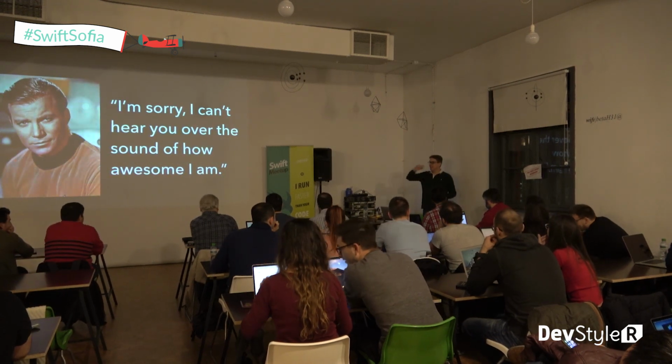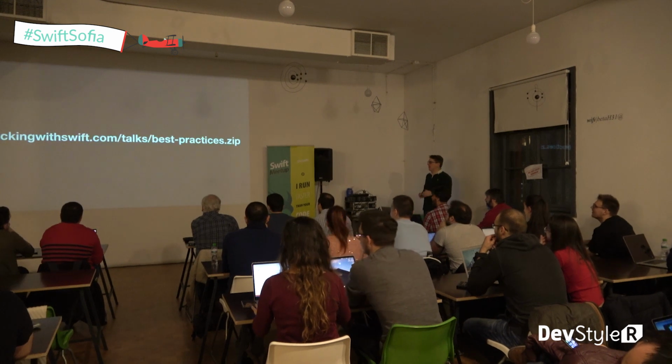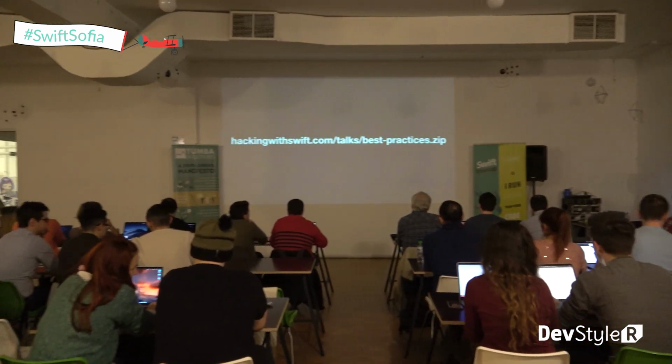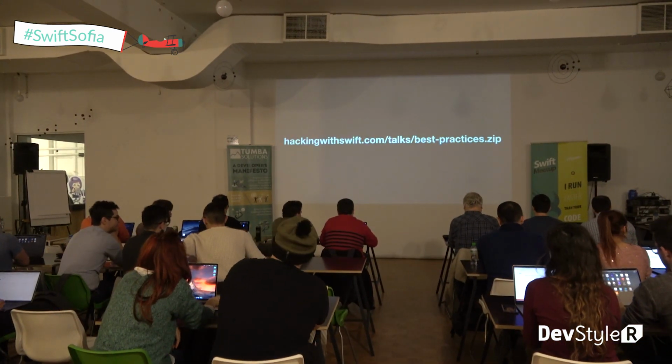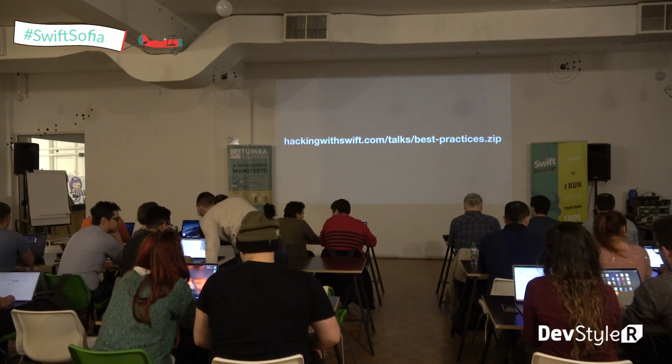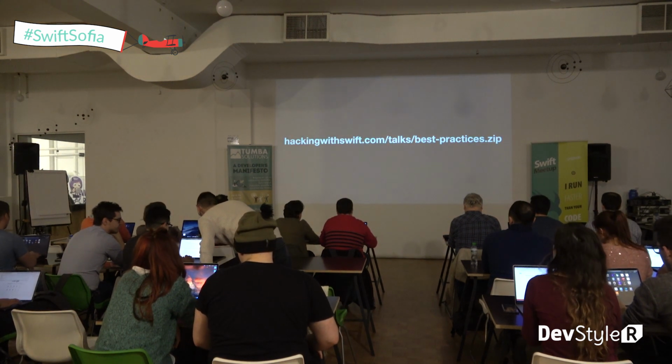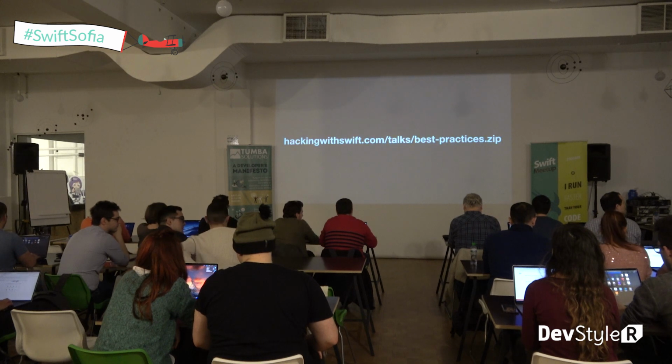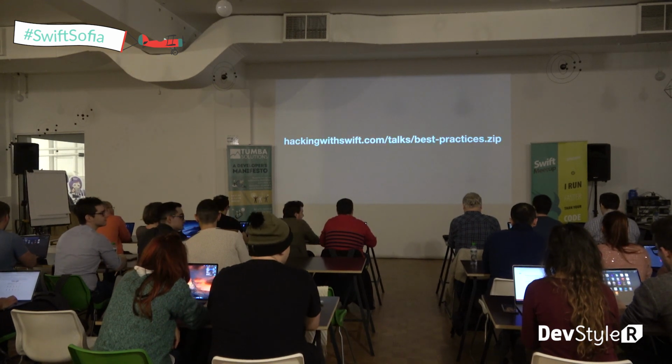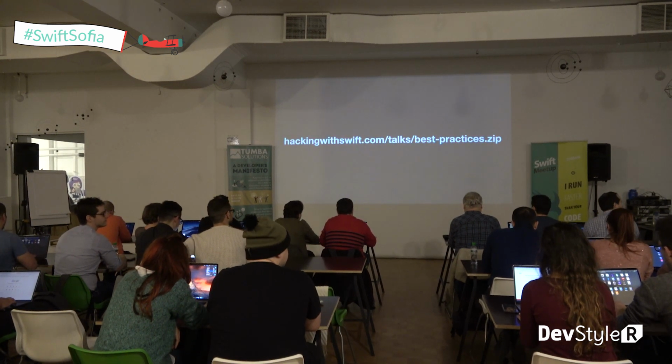Step two, download this zip file: hackingwithswift.com/talks/best-practices.zip. This contains all the assets you need to follow along.